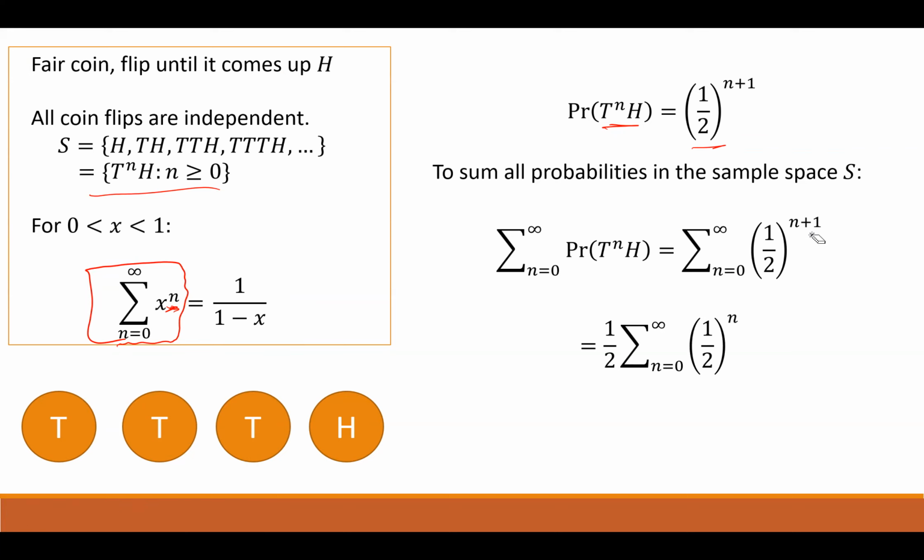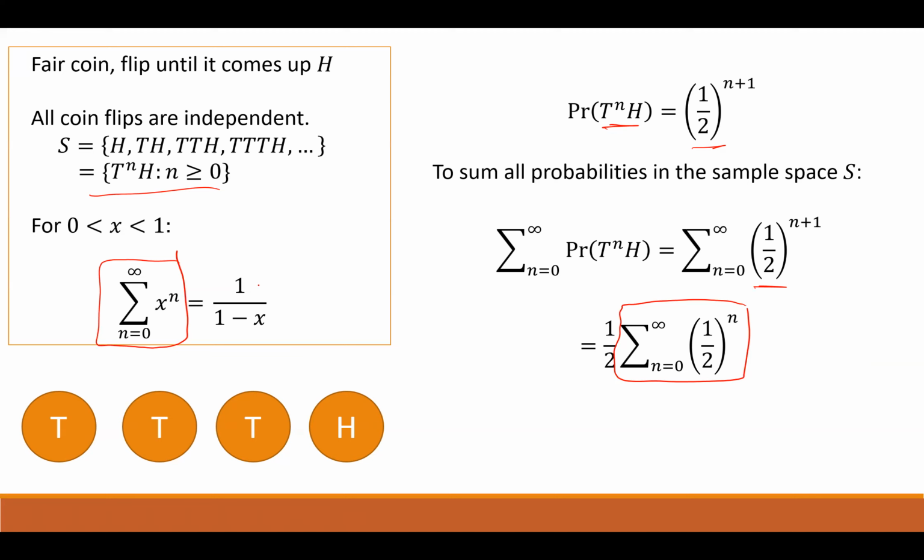So this is 1/2 times itself n plus 1 times. Every single term in this series has a factor of 1/2 that we can extract. So we're going to extract it and bring it out front. And then we have the sum from n equals 0 to infinity of 1/2 to the power n, which now is in a form that we can use.